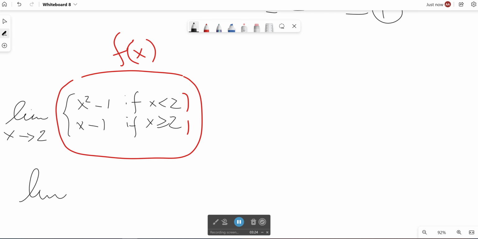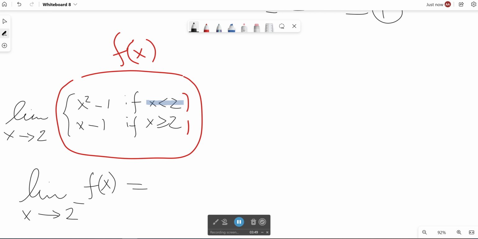So let me find the left limit. So the limit as x approaches 2 from the left of that function f of x. Because I'm approaching 2 from the left, I'm going to rely on this part of my function, this piece, the piece that only lives for x's less than 2.